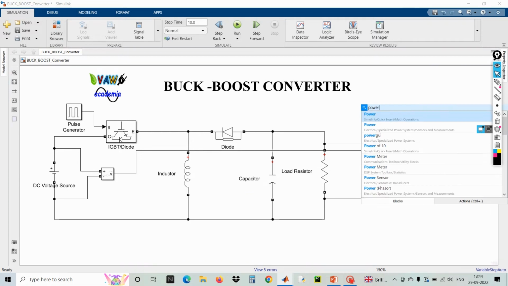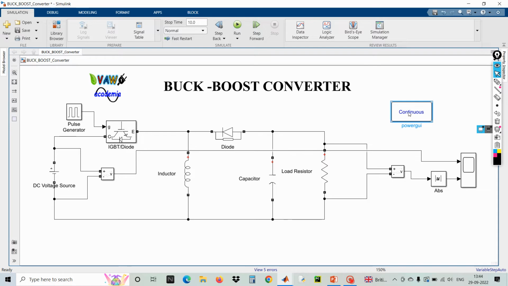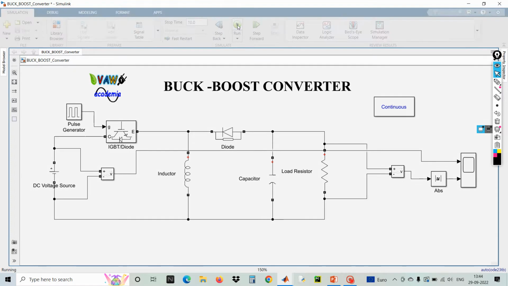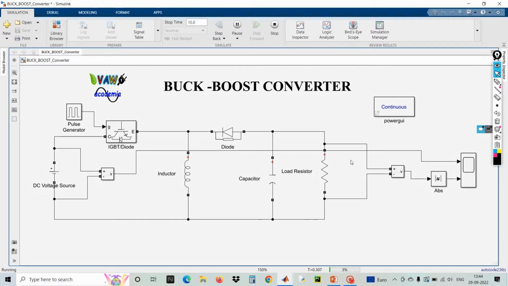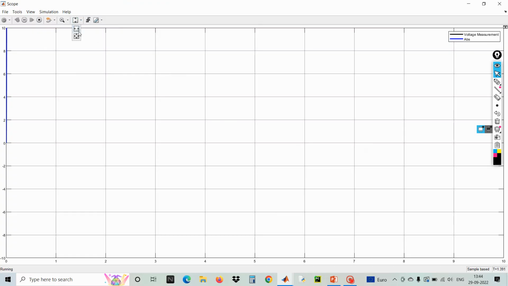It's mandatory. Whenever you are using Simscape, powergui is mandatory. Without that, it will throw you an error. So definitely this circuit will work in boost mode.